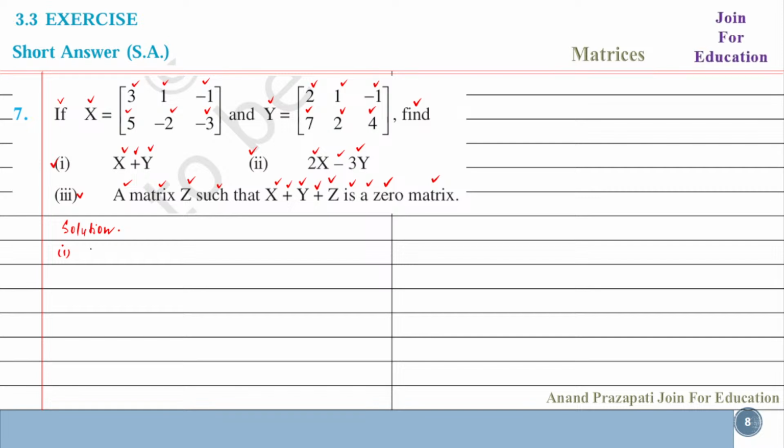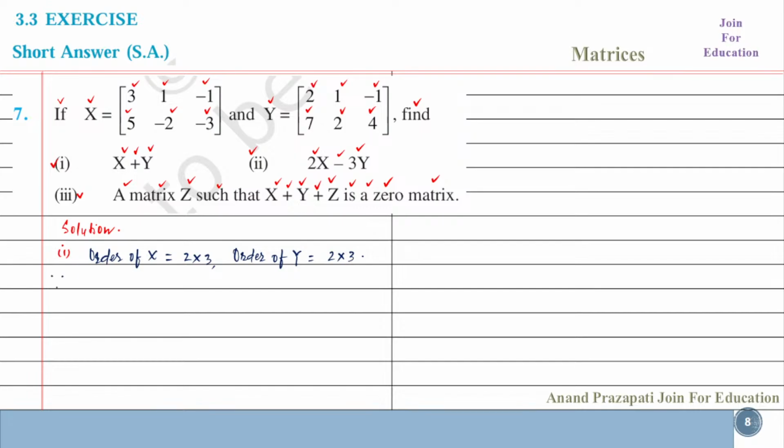Order of X equal to 2 by 3 and order of Y equal to also 2 by 3.